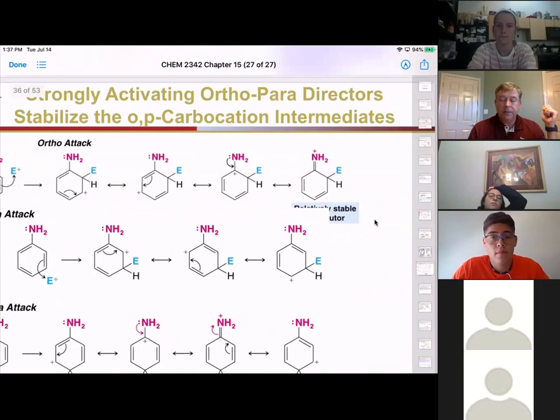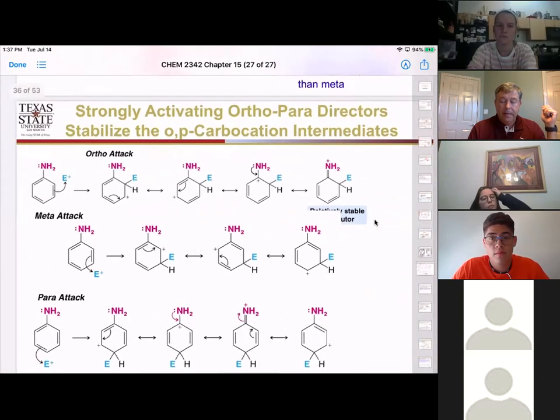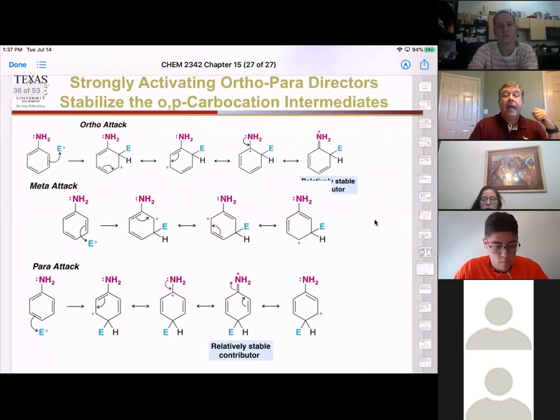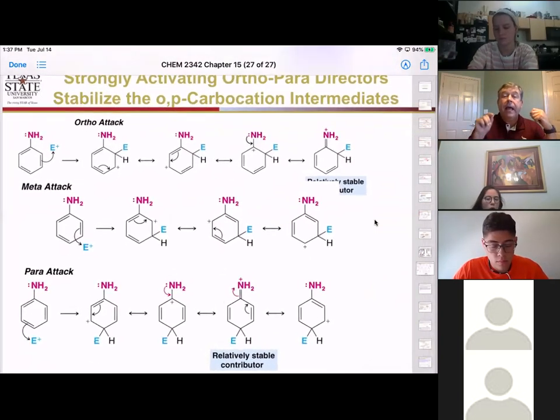So now let's look at the strong activating. In the strong activating, we're going to see the exact same thing. We have an inductive effect already adding electron density to the ring, stabilizing that positive charge. But we also have the resonance addition to the system as well. So we have activating just by having extra electron density there to reach out and grab that electrophile, and we have resonance.